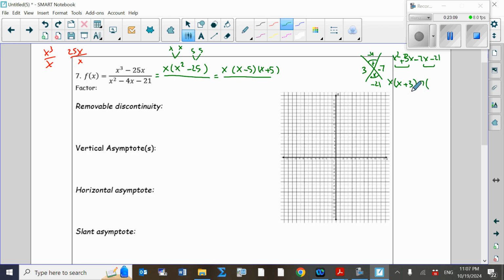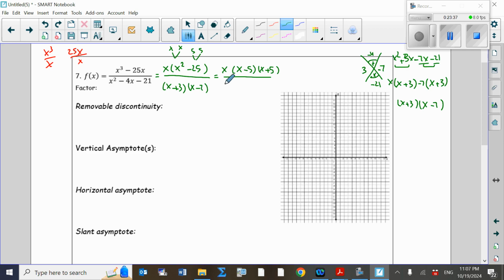So you factor -7 out: -7x divided by -7 is x, and -21 divided by -7 is 3. So x plus 3 is in common between them. If you factor this out, from the first one x is left, and from the second one -7 is left. So the bottom is x plus 3 times x minus 7.